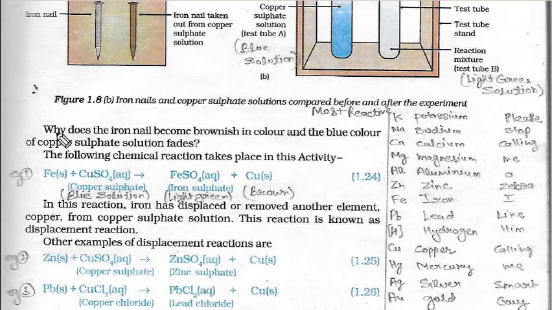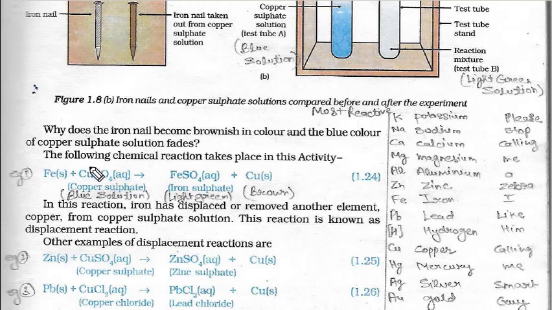Now they are asking us the question, why does the iron nail become brownish in color? Due to the deposition of copper on the iron nail. And the blue color of the copper sulfate solution fades. Why? Because when iron reacts with copper sulfate, iron sulfate is formed.